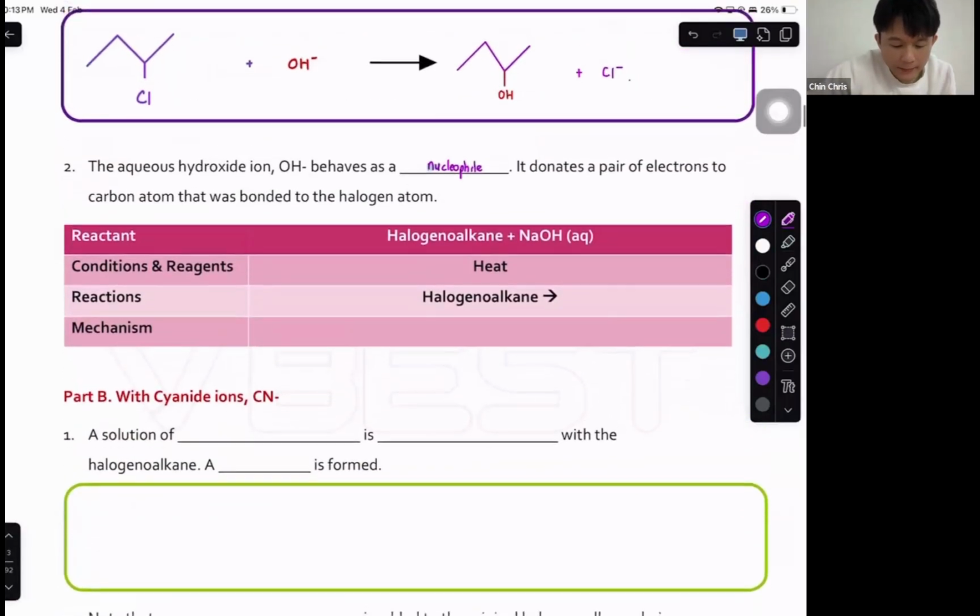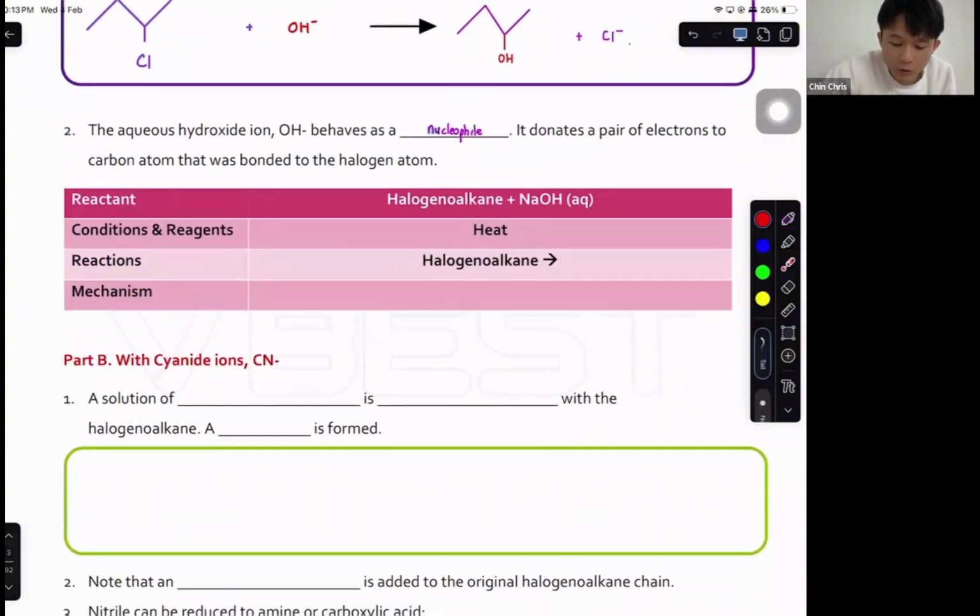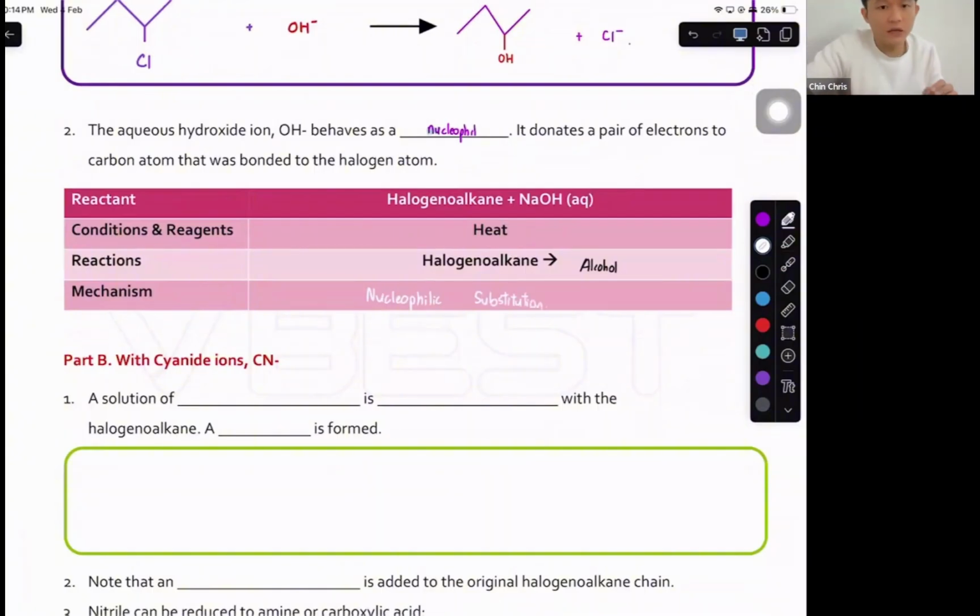That's it. Reactant-wise, we have halogenoalkane plus NaOH, and we just need to heat it. So the reaction: halogenoalkane is going to turn into an alcohol. The mechanism is nucleophilic substitution. Done.